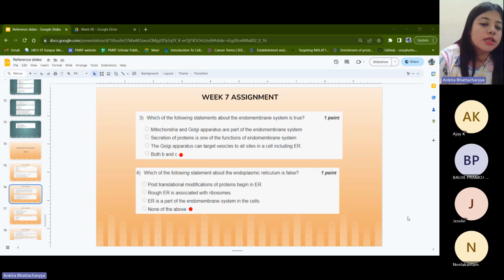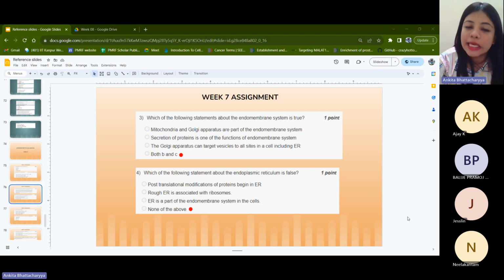So there is a separate system in place for facilitating this as well. You can read it up. This entire process of vesicular trafficking is a complicated topic by itself, so we have not gone into it, but you can find it in books, and of course you can refer to research papers if you're interested.